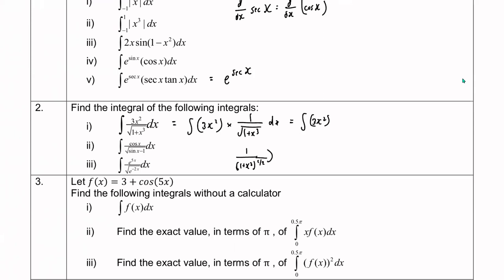Then you flatten the fraction so that 1 plus x cubed is the base in brackets, but the half becomes negative half when you bring it up. So if you compare with the formula, the n is negative half.